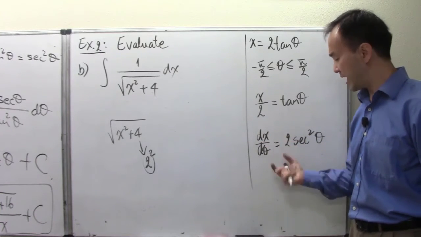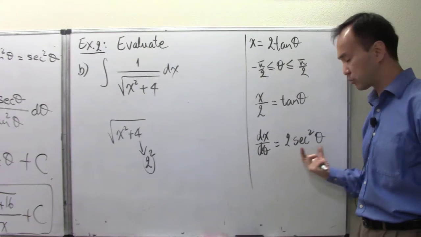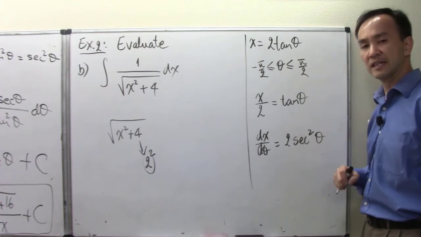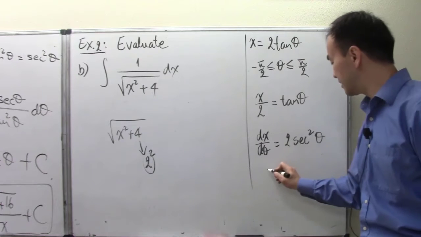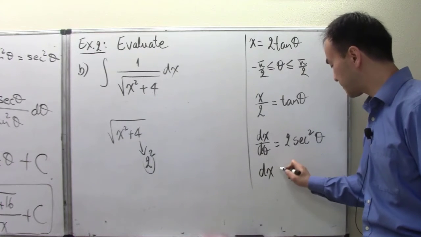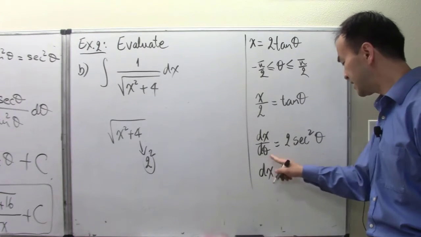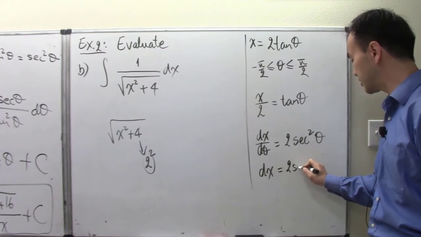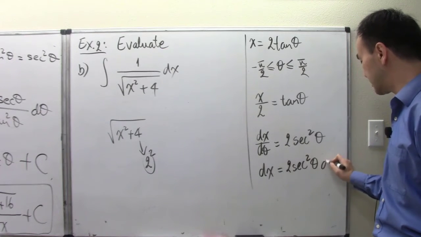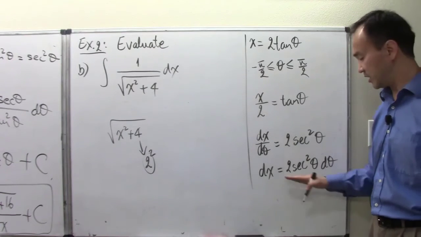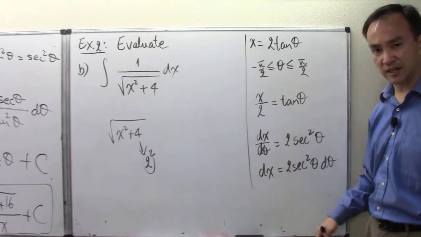In that way, I can multiply the d theta to the other side of our equation. So that means I'm going to produce dx equals 2 times secant square theta times d theta. Okay, and this will be useful later on for our expression as well.